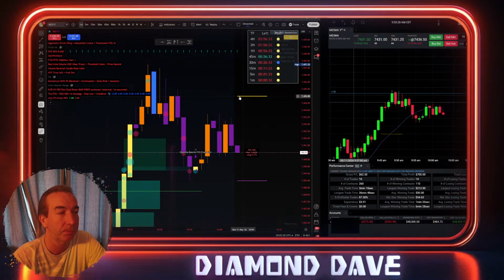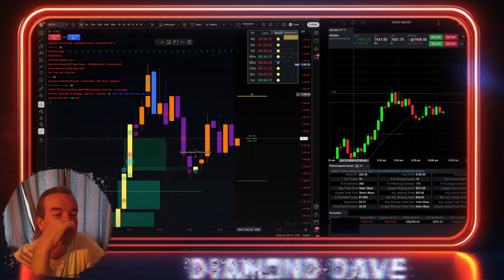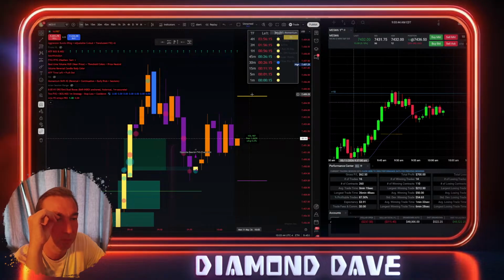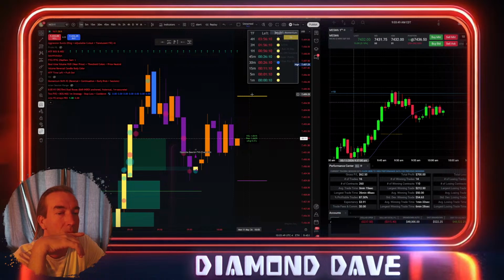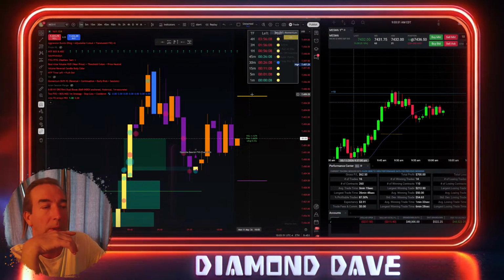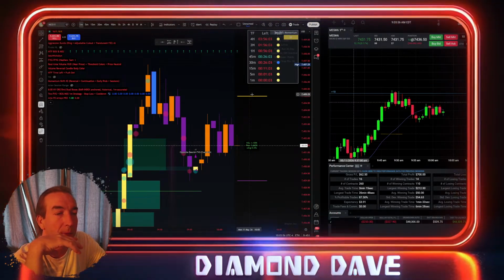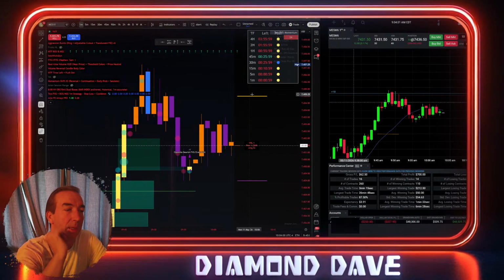This is our respect direction up here, the yellow. Okay, this might be shaping up here, if we hold on to this green candle. Okay, I like that.